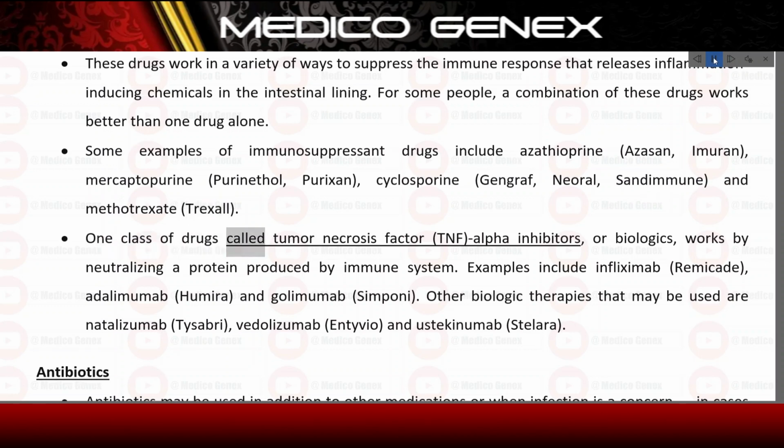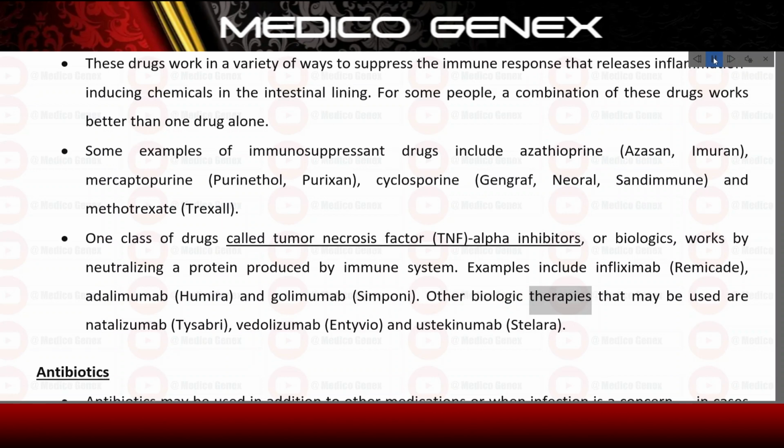One class of drugs called tumor necrosis factor, TNF, alpha inhibitors, or biologics, works by neutralizing a protein produced by the immune system. Examples include infliximab (Remicade), adalimumab (Humira), and golimumab (Simponi).